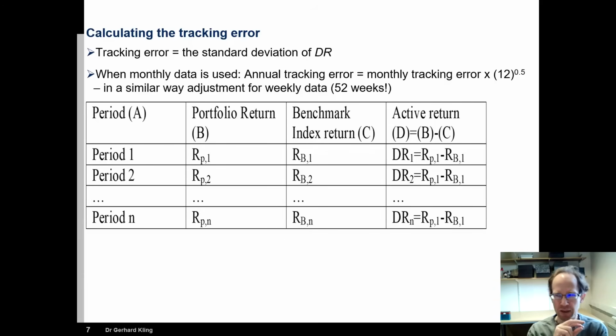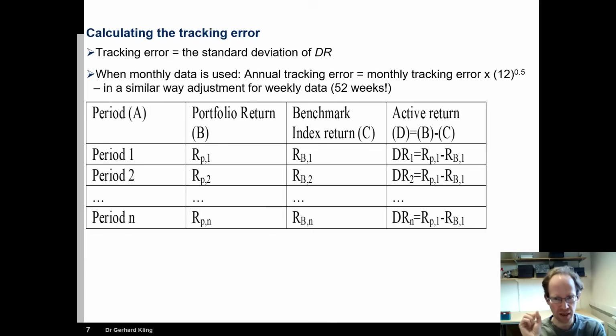Now, of course, you might ask yourself, why do I take the square root of 12? And that's actually interesting, because this stems from a few assumptions you make. The main assumption you have here is that these tracking errors and the standard deviation of them are what you call IID distributed.